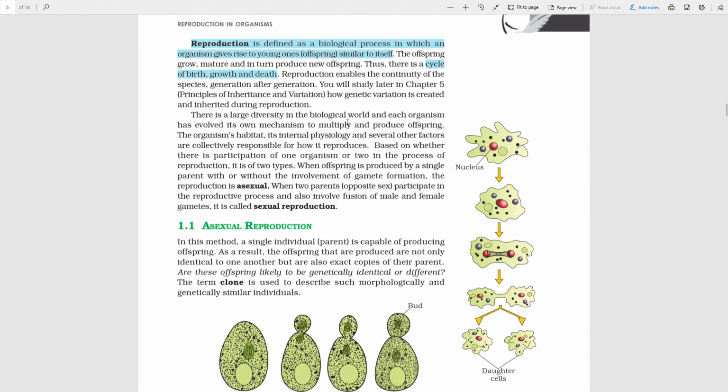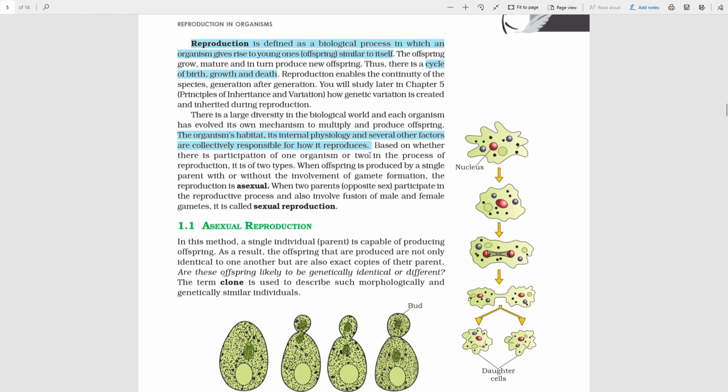Different organisms have different ways to reproduce according to their evolution and habitat. Reproduction depends on the organism's habitat, its internal physiology, and several other factors, which are collectively responsible for how the organism reproduces.